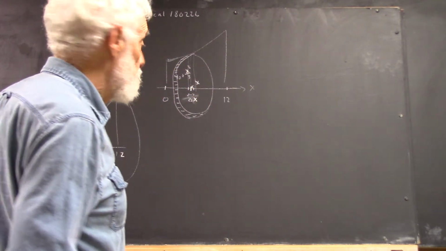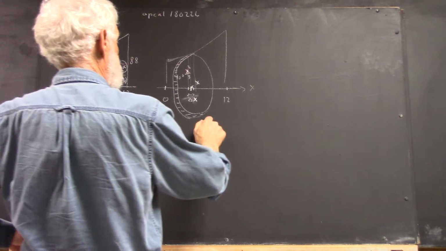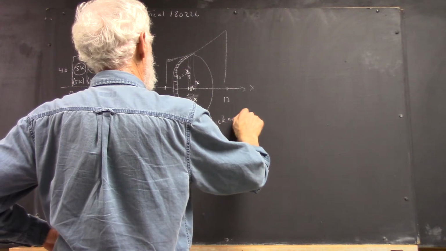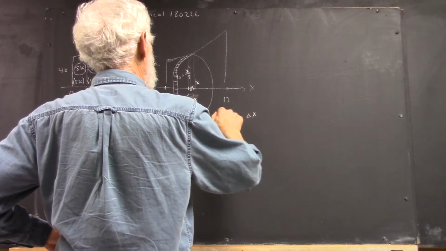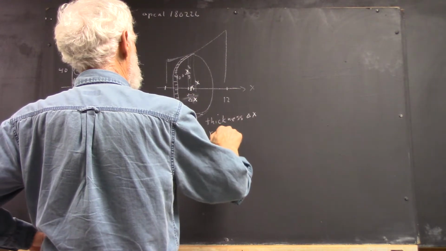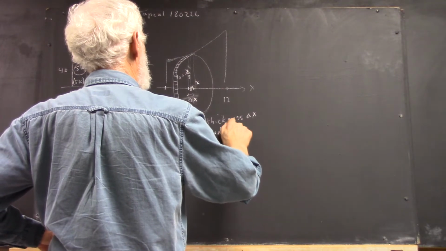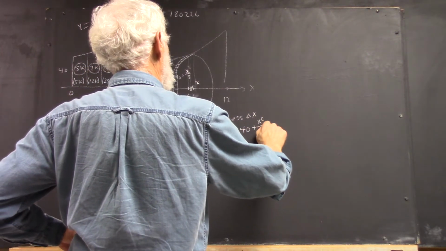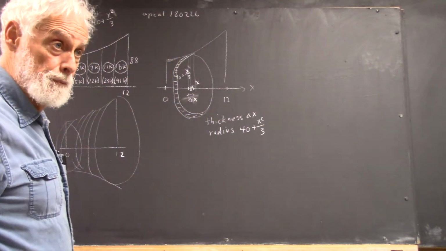So it's a disk of thickness delta x and radius 40 plus x squared over 3.